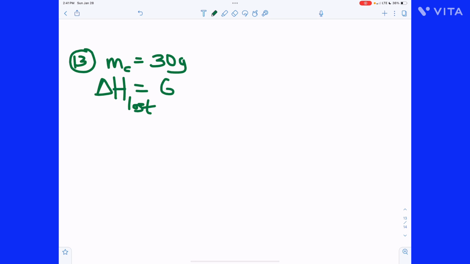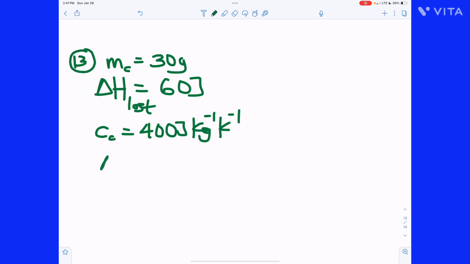A piece of copper, mass of copper 30 grams, heat lost 60 joules. If the specific heat capacity of copper is 400 joules per kilogram per Kelvin, we are looking for the change in its temperature.